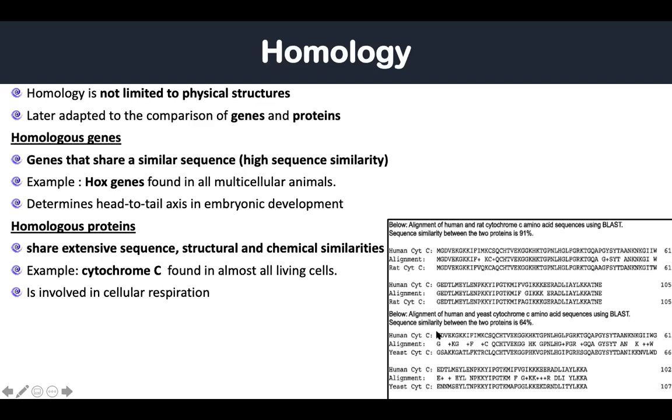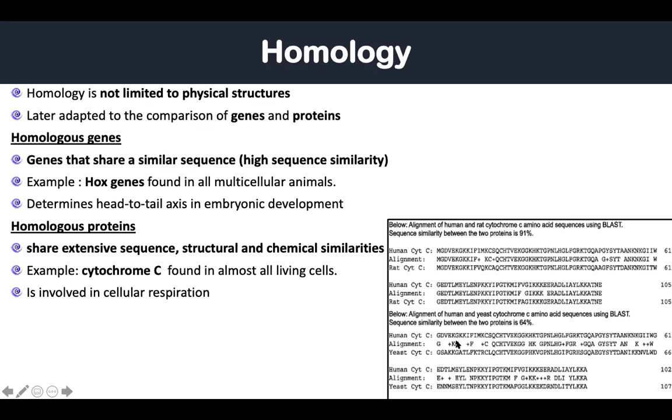Okay, this is the first sequence, and this has about 91% similarity in the proteins, and the second one is an alignment of human versus yeast cytochrome C, and you can see that the similarity is a bit lower. It's about 64%, and as you can see, there are a lot of gaps and mismatches as well.